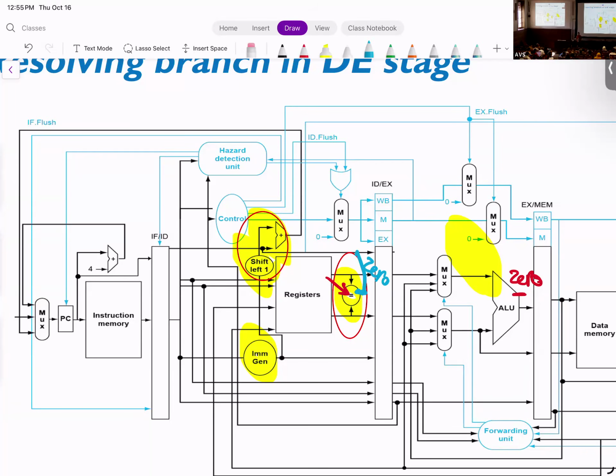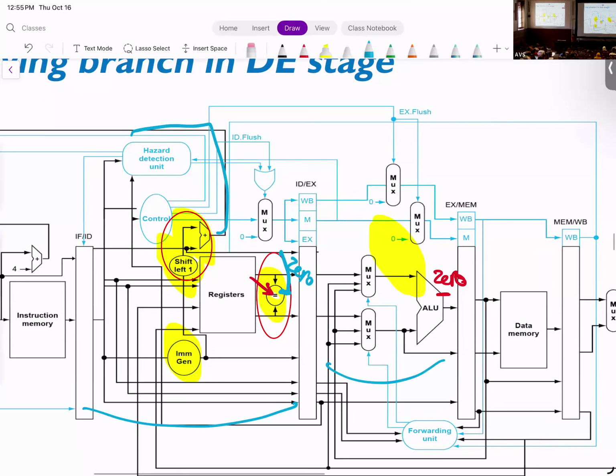So what I'm doing is that I move the comparison for the zero flag to the decode stage. I also move the PC plus offset to the decode stage. So all three things now happen during the decode stage. The design is significantly more complicated. The critical path is much longer, but as long as it's less than the ALU operation and memory operation, we are good to go.